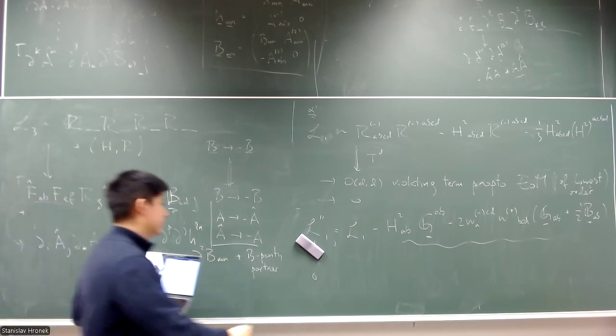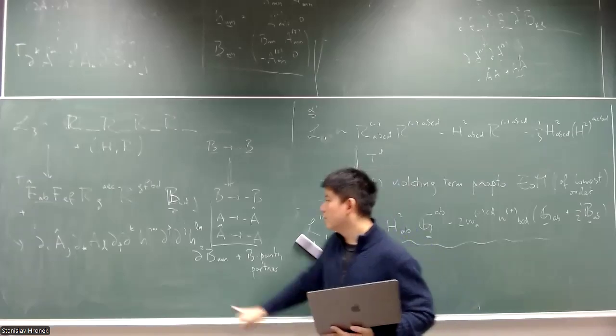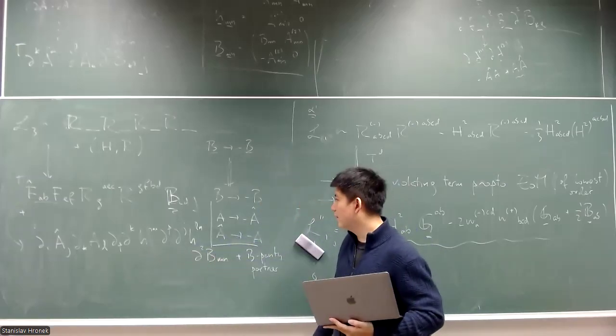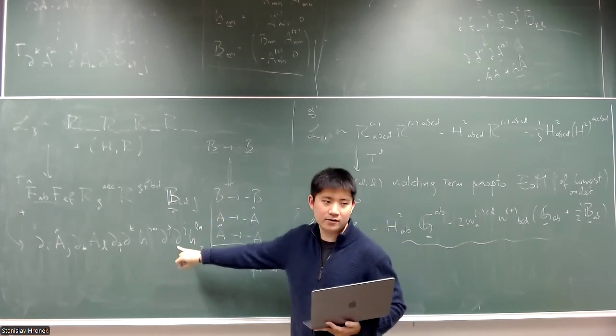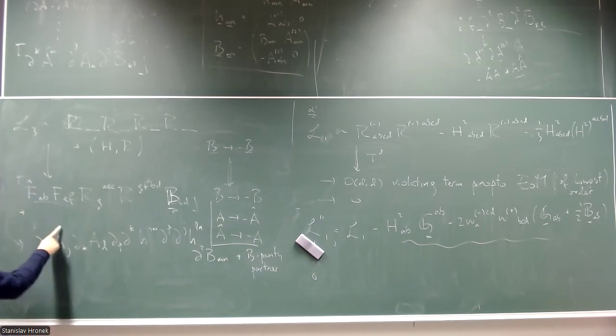And there is secretly also its B-parity partner, because this term alone is not enough. Because of B-parity, there is a similar term with a similar structure, which is basically if I just flip this A hat there, with a plus or minus sign.